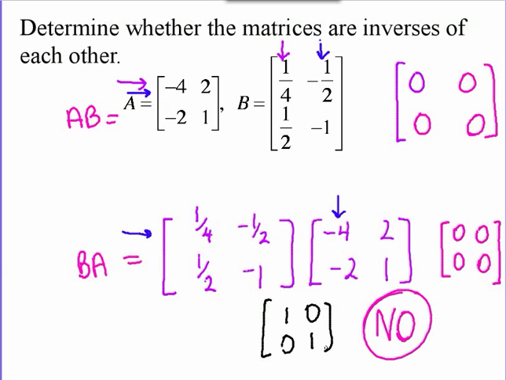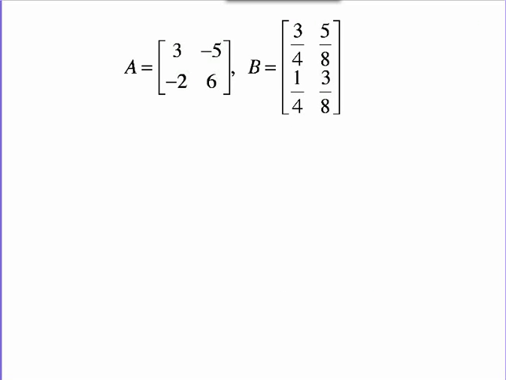So what you're going to have to do is multiply A times B and then B times A on these problems. All right, let's determine this one. Okay, so A times B. I'll get you going because it seems like maybe you need a little bit of a boost. So I'm going to take 3 times 3/4, which is 9/4.